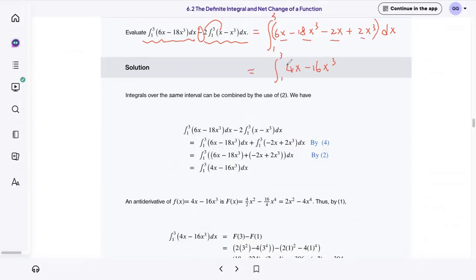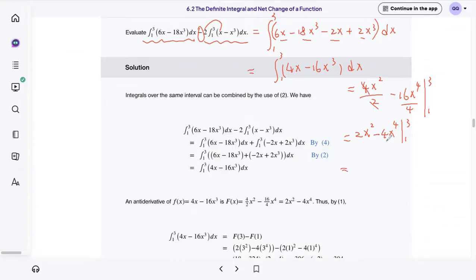You still evaluate. Now we anti-differentiate. So we have 4x squared divided by 2 minus 16x raised to 4 divided by 4. Then we want to evaluate at 3, at 1. So this simplifies to 2x squared minus 4x raised to 4, evaluated at 1, at 3.